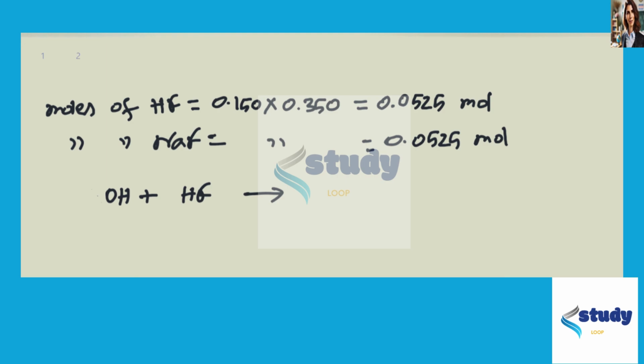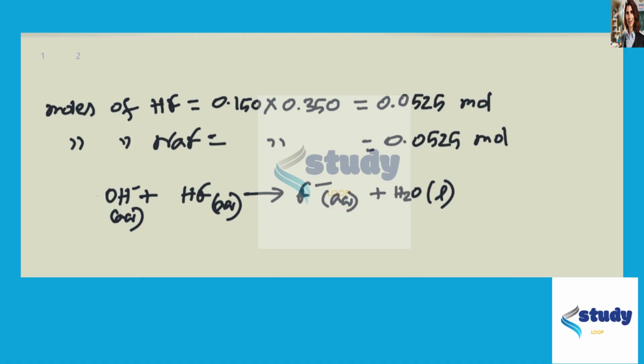So we can just write that: OH minus aqueous, HF is also aqueous, and in the product we will get F minus ion as aqueous, and OH minus and H plus will form H2O, which is a liquid.